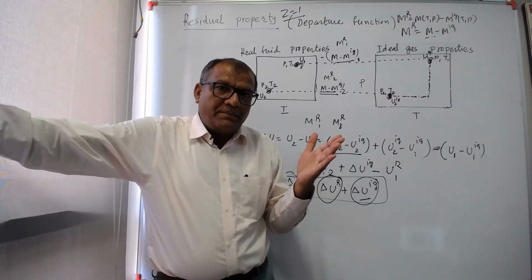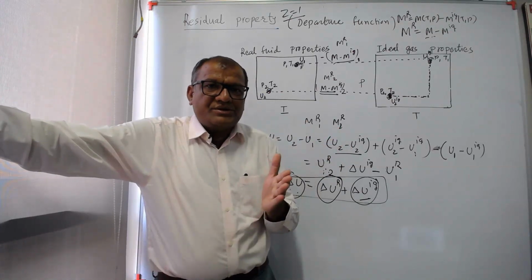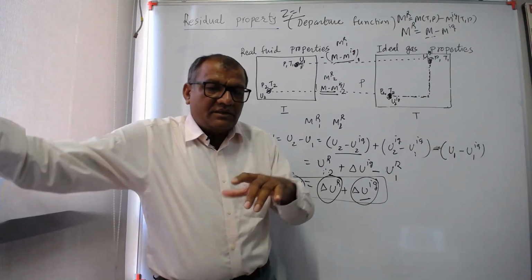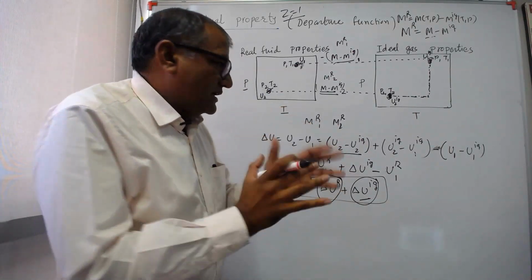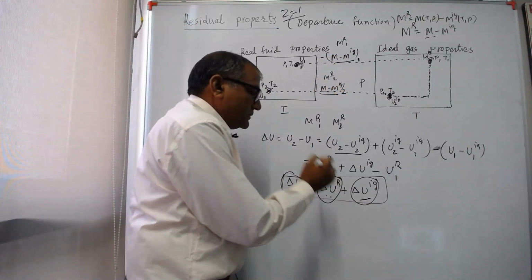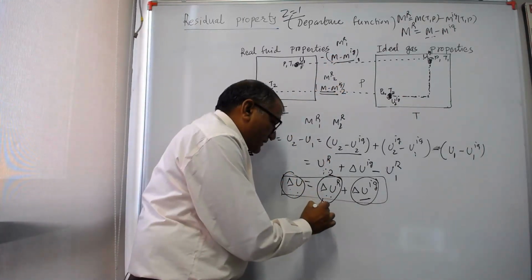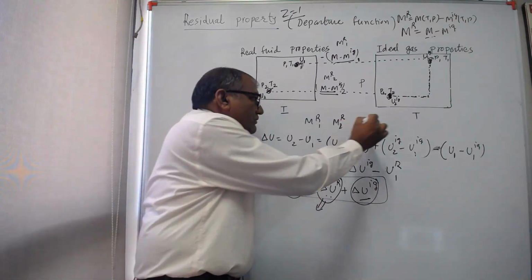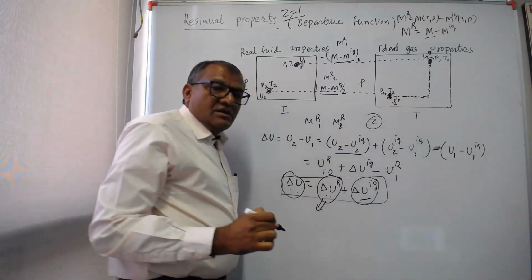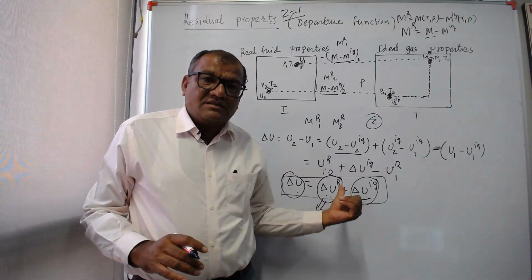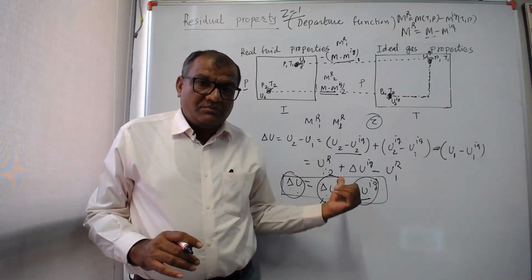So we can apply ideal gas equations for the calculation of changes in property, then we have to just correct that term by residual property, and residual property can be obtained by something else. Maybe, if you know the value of compressibility factor Z, then we can also obtain the residual property.